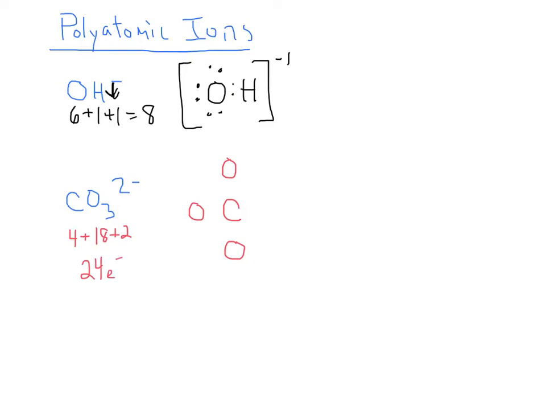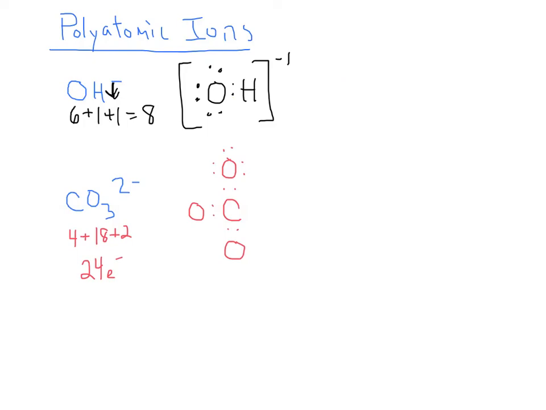So again, we will begin by adding a pair between carbon and each of the oxygen atoms. That's the first step. The next step is going to be to complete the octet on the outer atoms. So again, I can just see by looking at it, oxygen's got its octet satisfied.